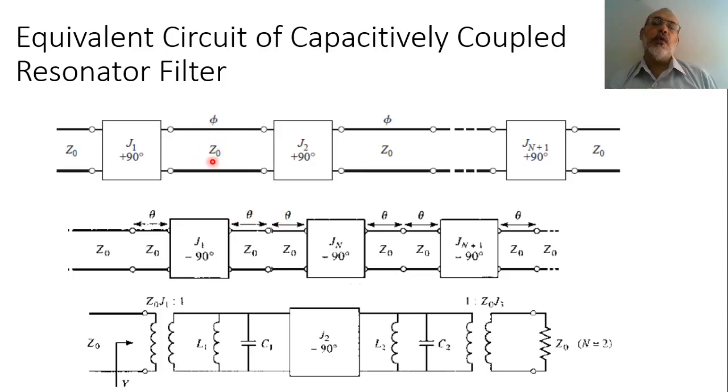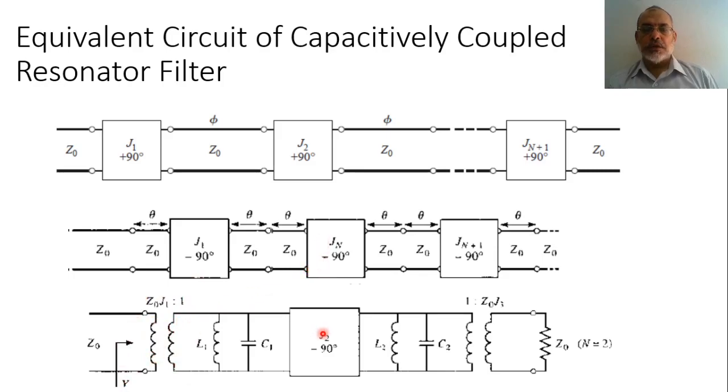So we are going to follow up the same analysis which we have done for the case of the coupled line filter. For the coupled line filter, we said that this transmission line section of electrical length lambda over 2 can be replaced by a parallel LC circuit L1 C1. And here we have the transformer, the admittance inverter.